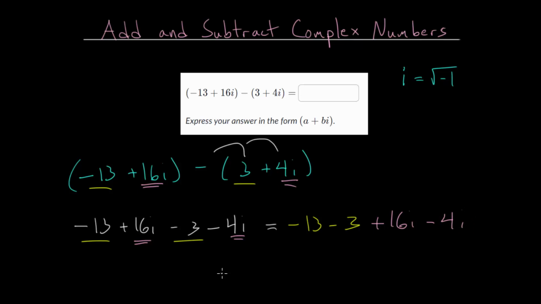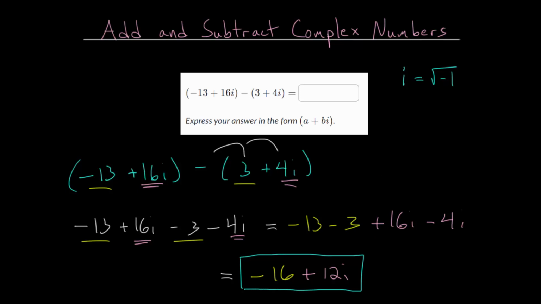So when we evaluate this, -13 minus 3, that's just -16. And plus 16i minus 4i, well, we have 16 of these i's, and we're taking away 4. So we would have 12 i's left. And this here, -16 plus 12i, this would be our final answer.